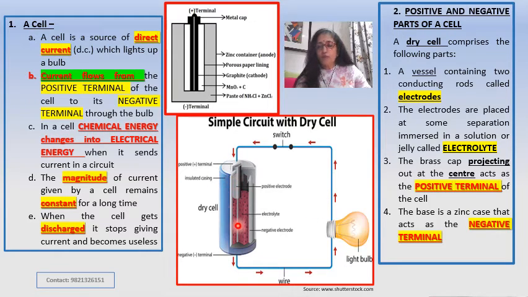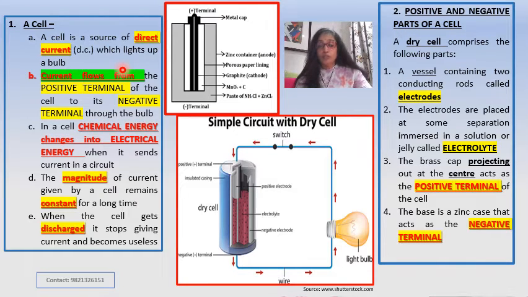It is a source of current, and when the circuit is complete, when the switch is on, the bulb lights up. So the current flows into the circuit and the bulb lights up. So a cell is a source of direct current. Current is directly flowing into this circuit through this cell. A cell is a source of direct current called DC, which lights up a bulb.